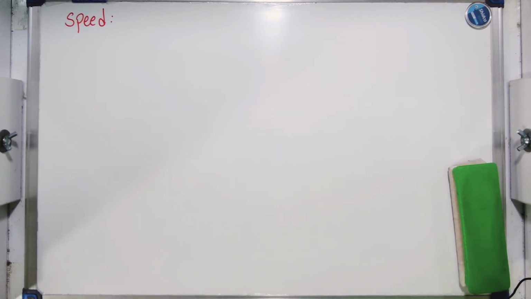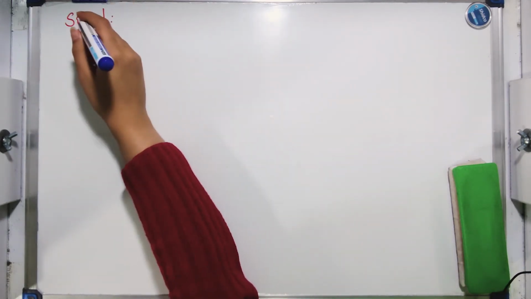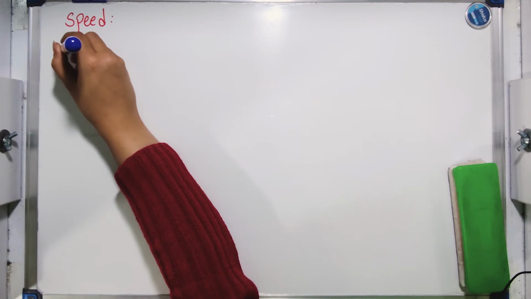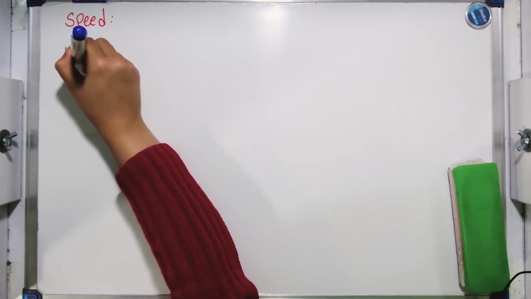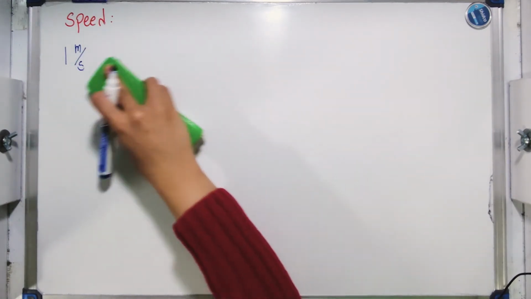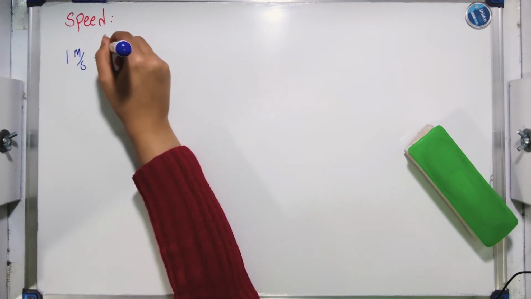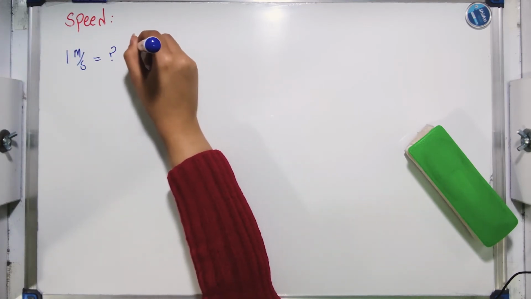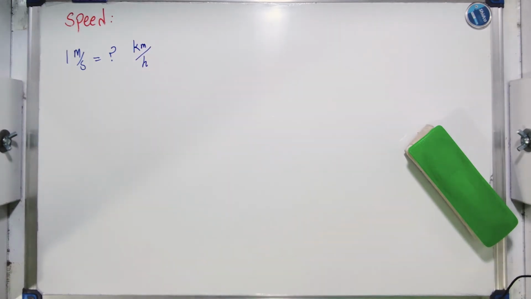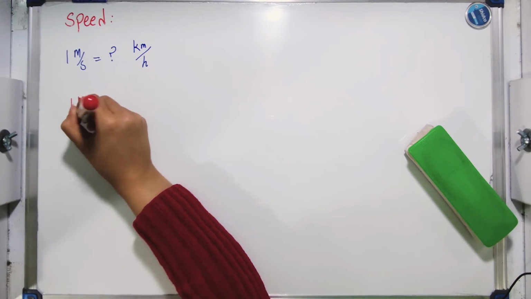So let's go. First of all, I'm going to start by converting 1 meter per second, let me just write it better. 1 meter per second is equal to how many kilometers per hour? So first, I write it down.